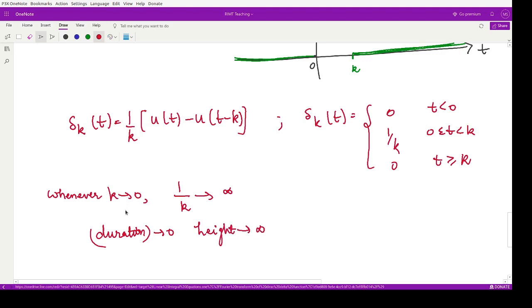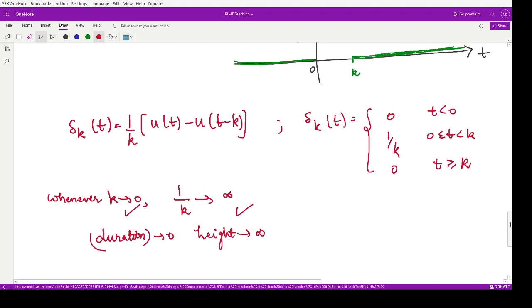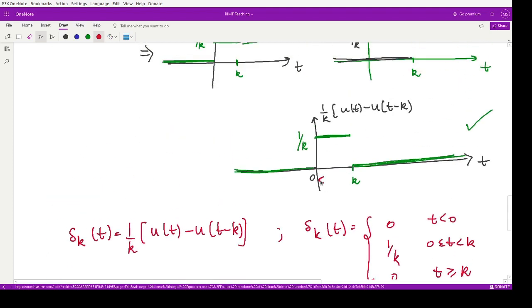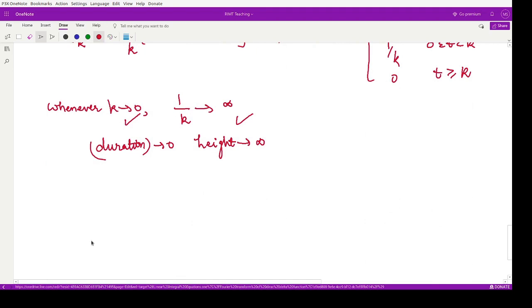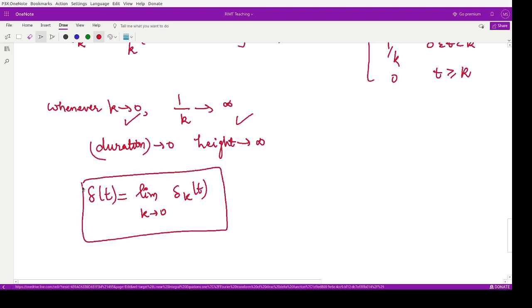Whenever you make this condition, the interval reduces to 0, and the height of this interval goes to infinity. So we say whenever k tends to 0, we have the limiting value, limit k tends to 0, delta k t. This is nothing but the Dirac-delta function itself. So this becomes equivalent to the Dirac-delta function.